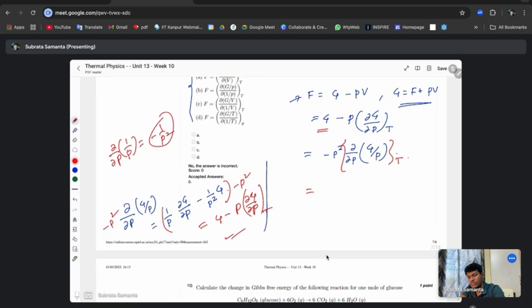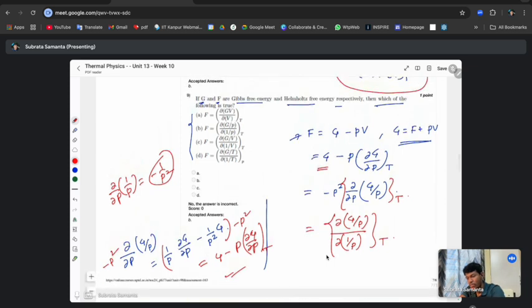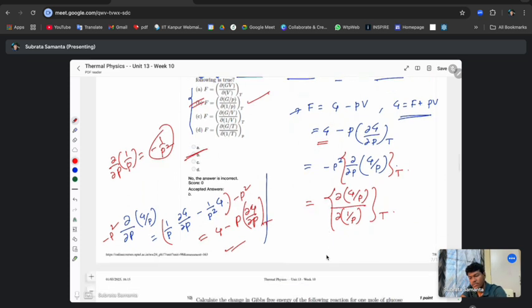So this is basically del G over P over del 1 over P, at constant temperature. So option B is correct. The last point is clear, right?